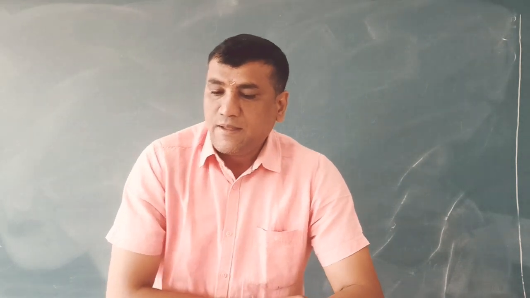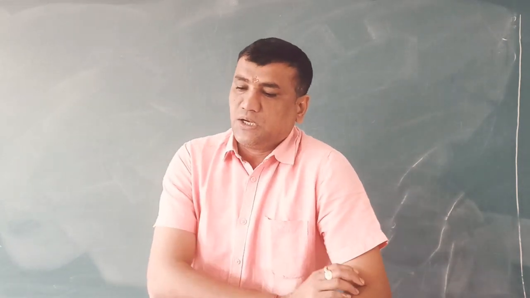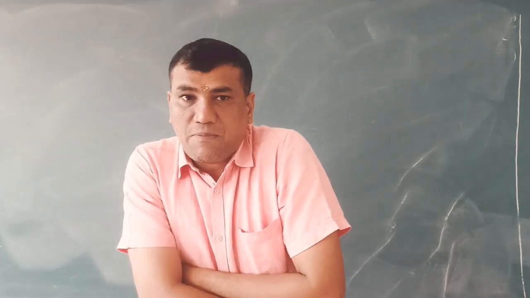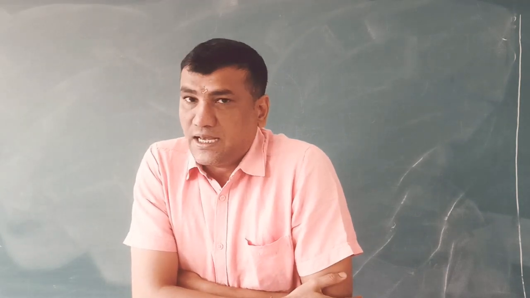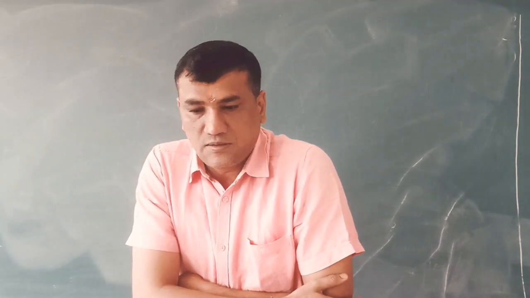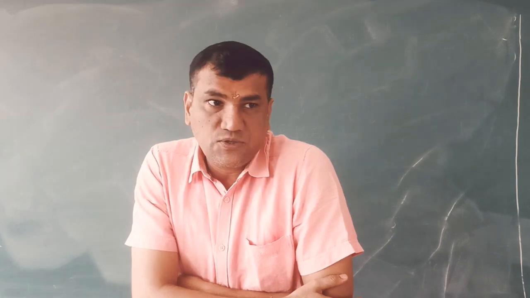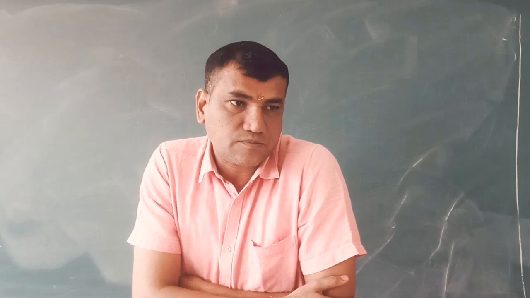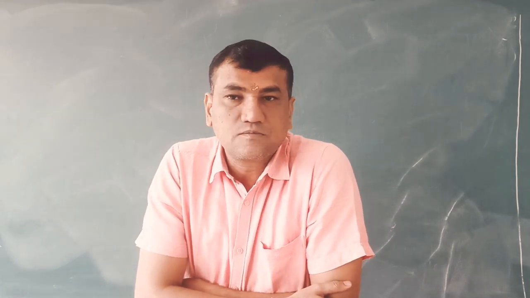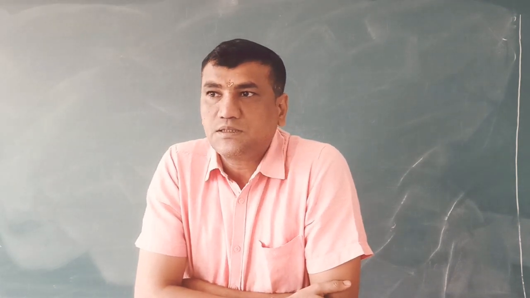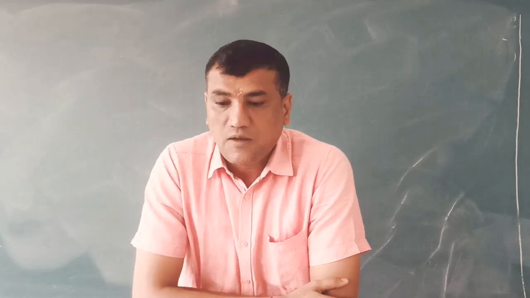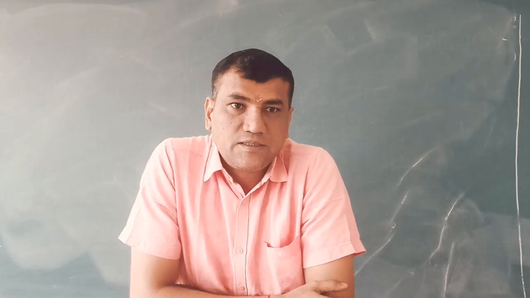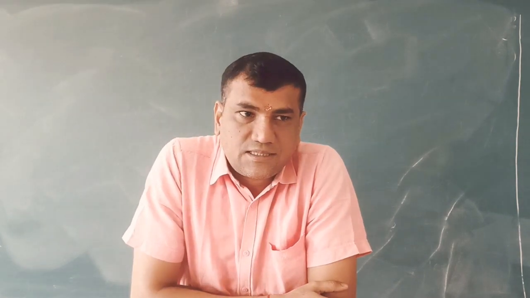Going on to the 24th question. Multiple alleles control inheritance of phenylketonuria, color blindness, sickle cell anemia, blood groups. Phenylketonuria is a Mendelian disorder.